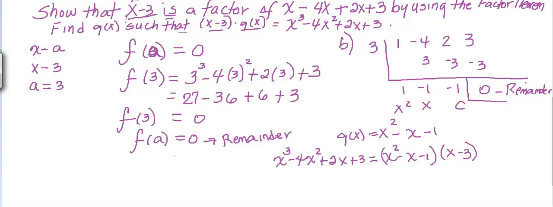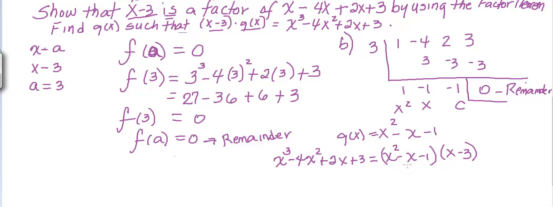X minus 3 most definitely is a factor of that function. And you can see here that you're able to find the other factor because then this quotient is a factor, and so is the linear term.